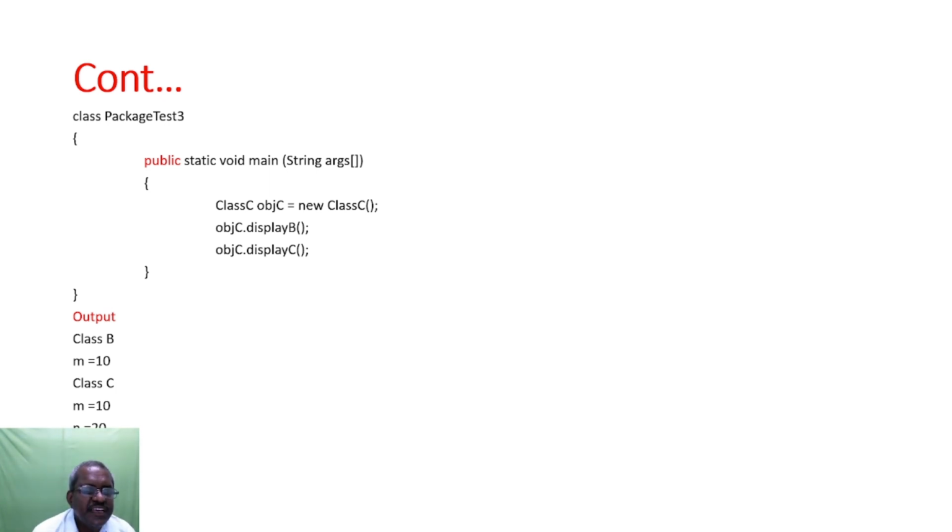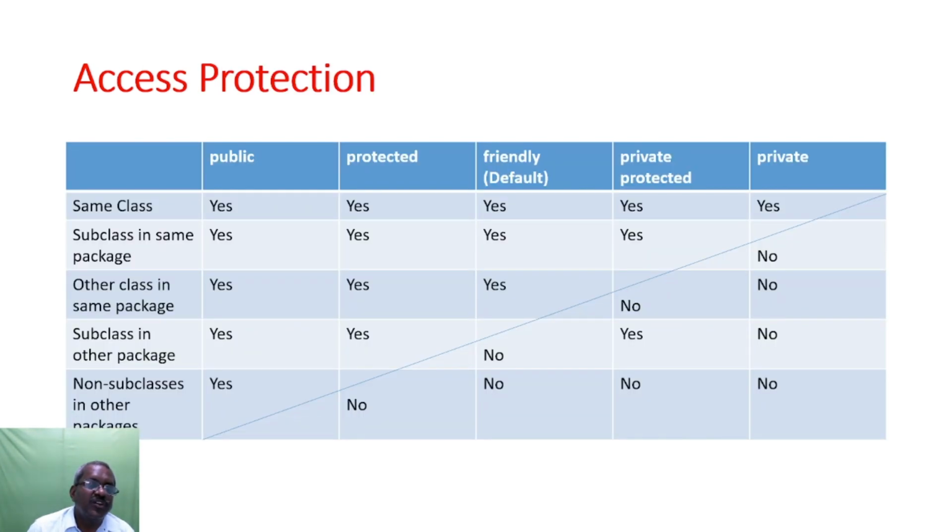Then the next line you will have class C M equal to 10, N equal to 20. So this will be the output, since 10 is printed, since it is protected.